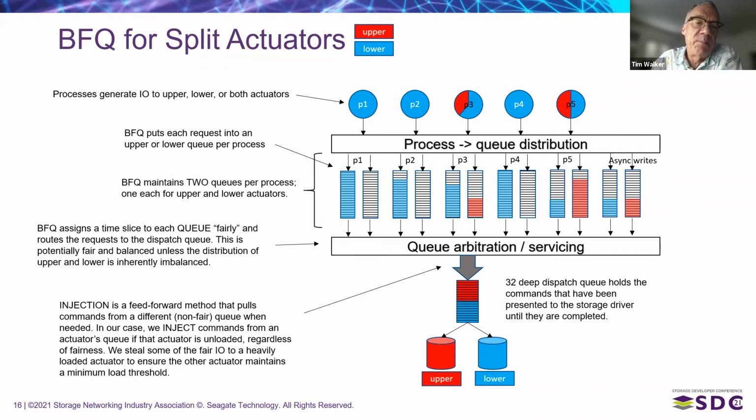With the modifications we've made to support this, BFQ establishes a queue for each process and for each actuator. Then BFQ has a queue arbitration and servicing function below that makes sure these queues are fairly serviced.